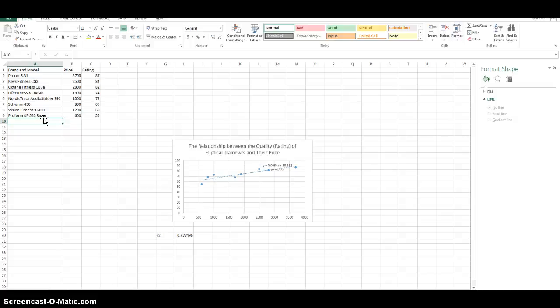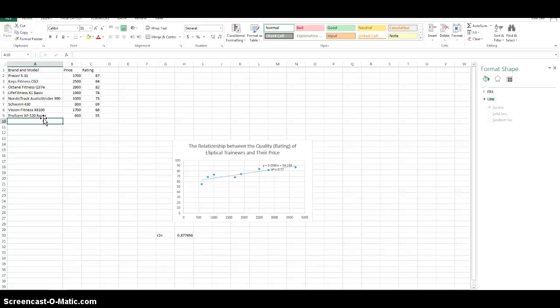So we have the residuals, and the residuals, again, are these distances between where the dot is and where the line is. Those are my residuals. When I do a residual plot, I have the horizontal line going across. This is the distance, it's below the line, so it's negative.